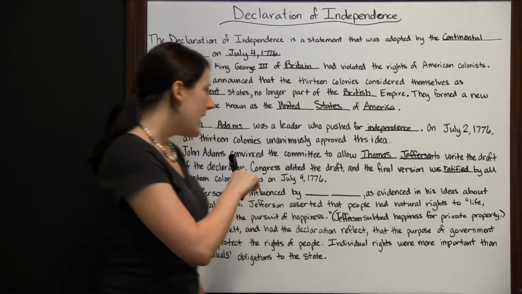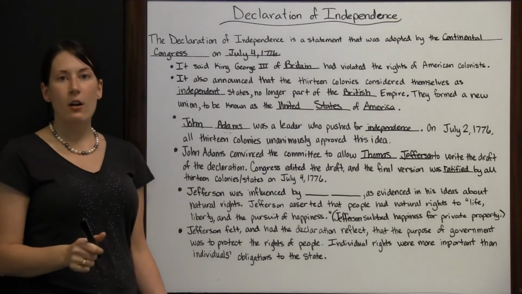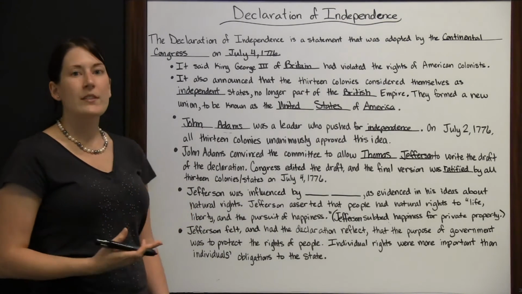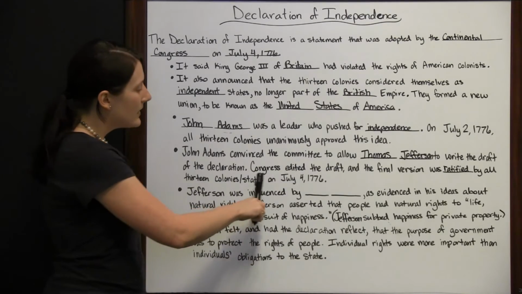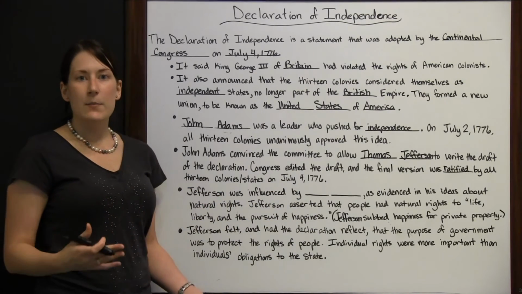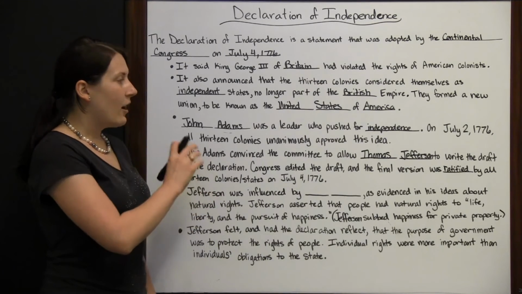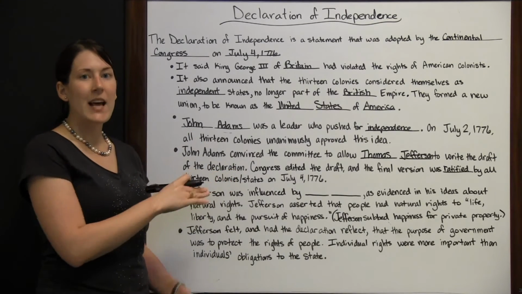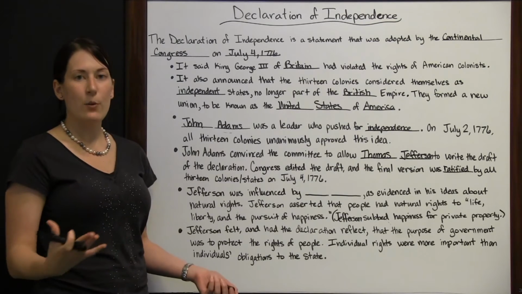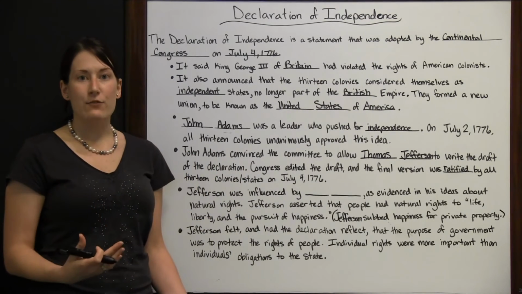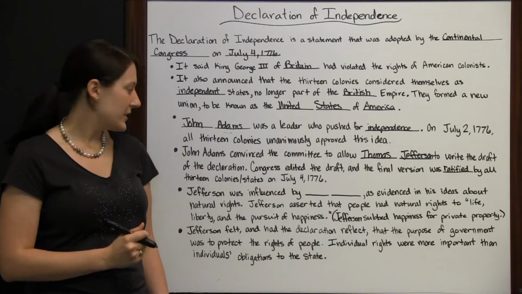Everyone agreed to it, and it was ratified by all 13 colonies, or states as they were to be known, on July 4th, 1776. So this date is our date of independence. The day we celebrate as Independence Day was the day that our Declaration of Independence had been edited and everyone signed it and approved it. Everyone who was there from the 13 colonies as representatives at this Continental Congress.